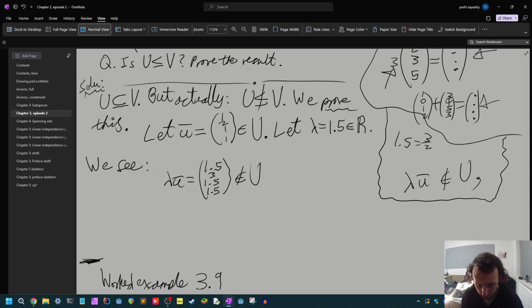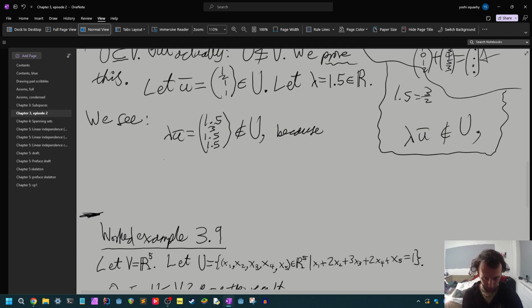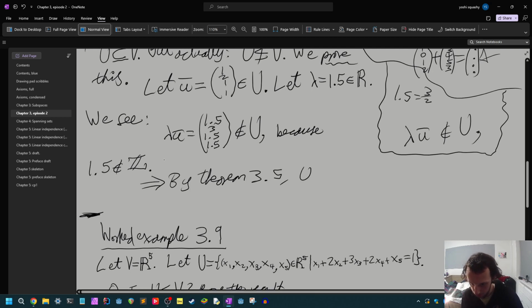We say it's not of the set U. Do a quick bit of why: because 1.5 is not of the set of integers, which implies by theorem 3.5 that U is not a subspace.